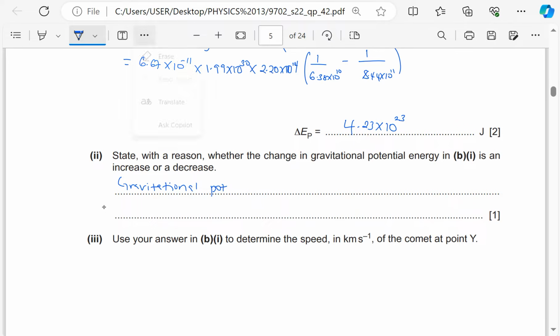So I'll say the gravitational force is attractive.